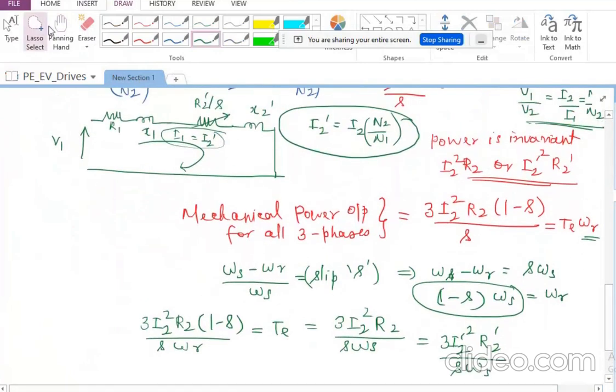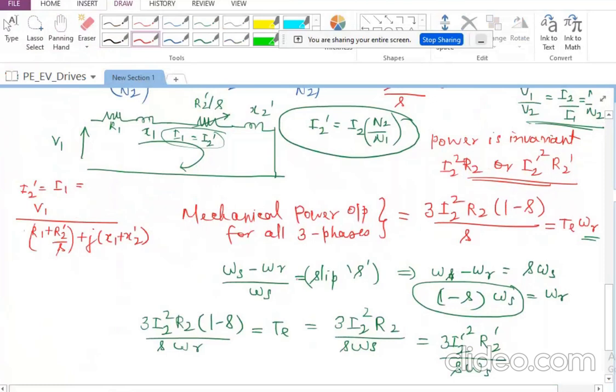So from this circuit, I2 dash or I1 should be equal to V1 divided by the real part, that is R1 plus R2 dash divided by S, plus j times X1 plus X2 dash.